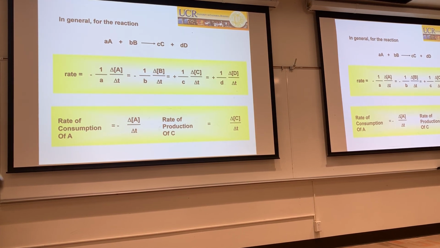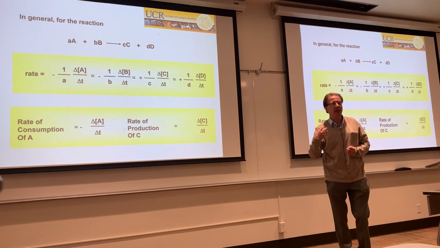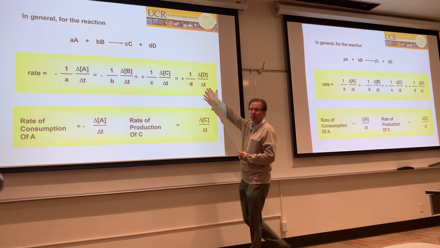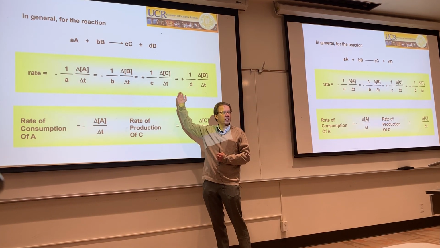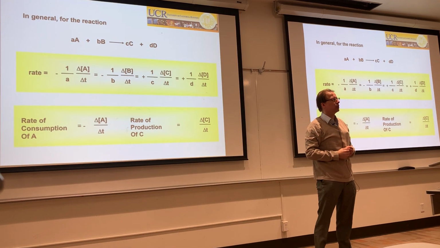That we might talk of the rate of the production of something, or the rate of the consumption of something, or the rate of the overall reaction, which is normalized by the stoichiometric coefficients, and hence depends on how you happen to write the reaction.